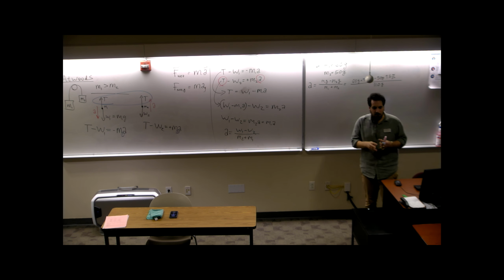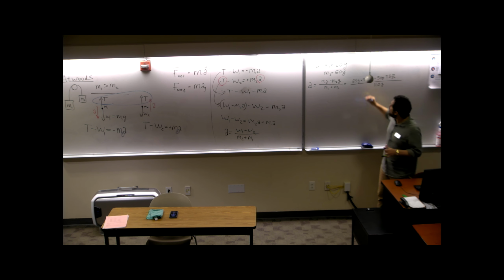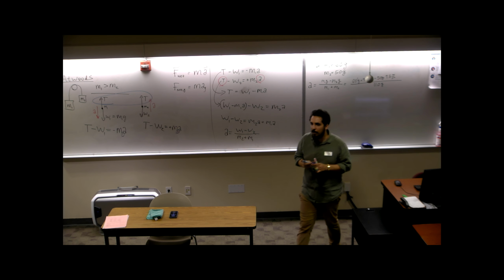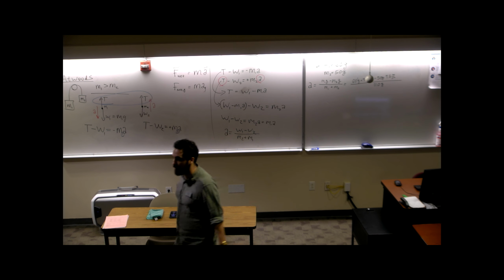Now, why don't I bother with my unit conversion? It's because it's grams on top, grams on bottom. It'll cancel out. It doesn't matter if you use grams or kilograms. You could convert it to other units as well, but I'm not going to bother. You get the same result no matter what.